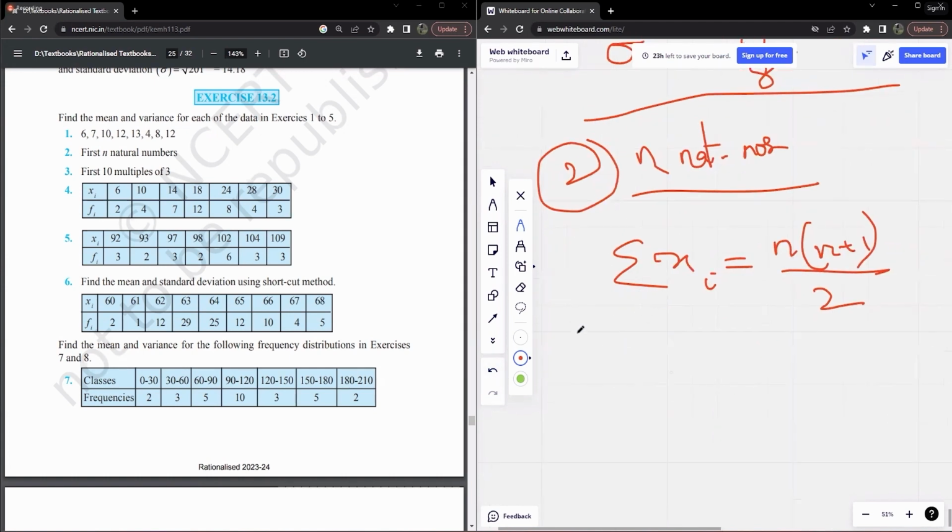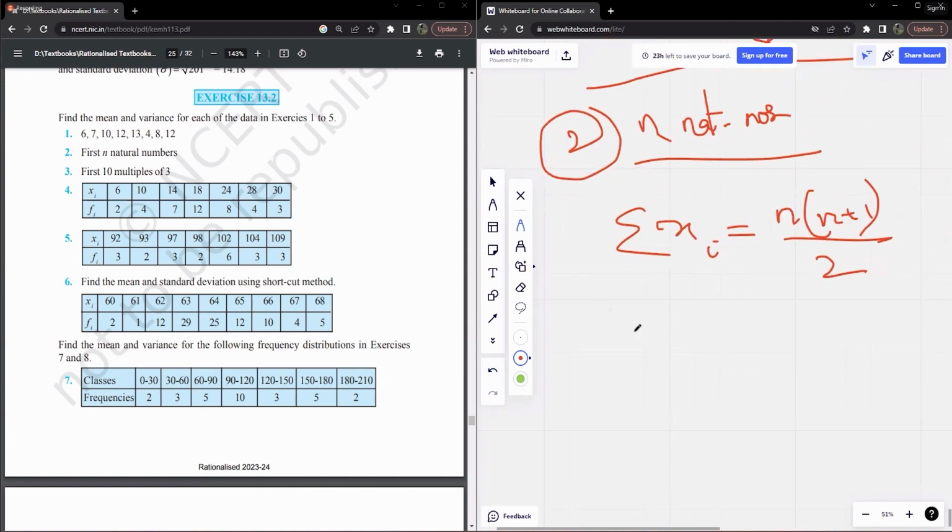Therefore, your mean x bar is going to be equal to 1 by n into sigma xi, which is 1 by n times n into n plus 1 by 2, which is basically n into n plus 1 divided by 2n, because you have n natural numbers, the number of observations is basically n, right? So this will be n plus 1 divided by 2, right?